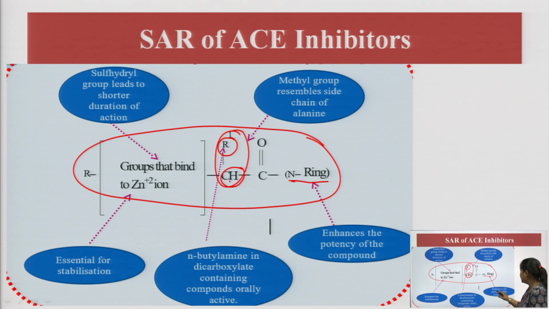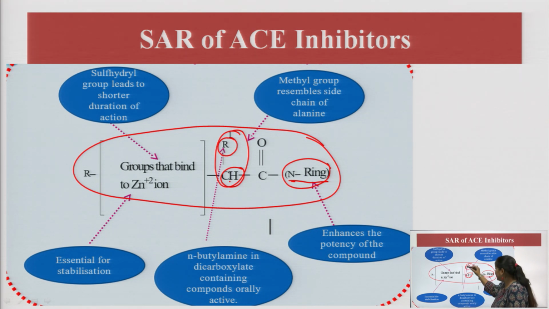Then comes the second: the ring with the nitrogen enhances the potency of the compound. That means the presence of the ring with the nitrogen is very important for its activity. Next, N-butylamine dicarboxylate containing compounds are orally active.